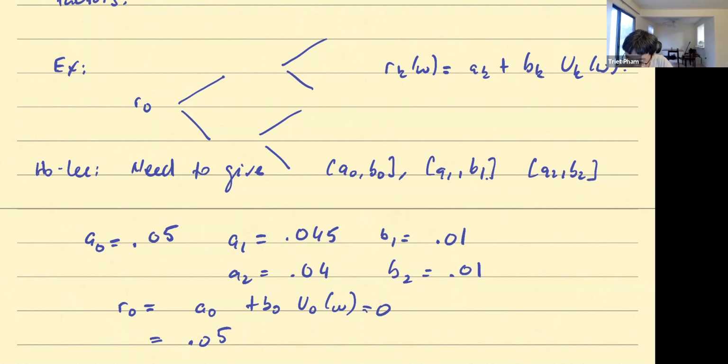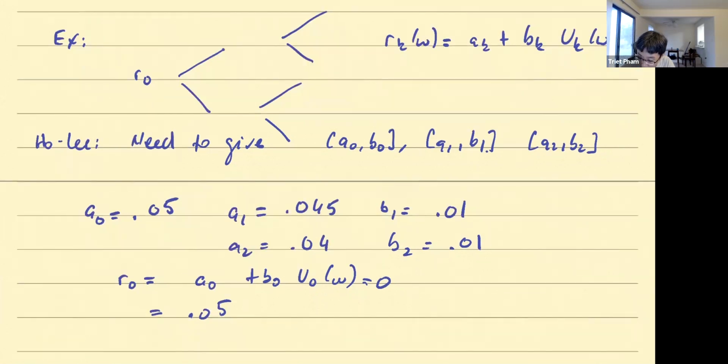Now R1 has two possibilities, R1U and R1D. What's R1U? 0.055. R1D is 0.045. Am I right?